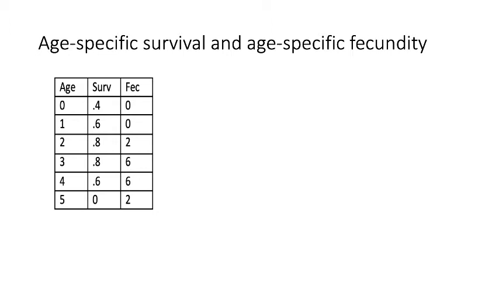Fecundity of the 1-year-old age class is also 0. Reproductive maturity starts in the 3rd year of life, and so 2-year-olds average 2 babies per individual. Then for 3 and 4-year-olds, reproduction peaks with 6 babies per individual per year. Then, as 5-year-olds, they're going to be dying off at a pretty high rate, and so the production of new babies won't be so great. It's down to 2.